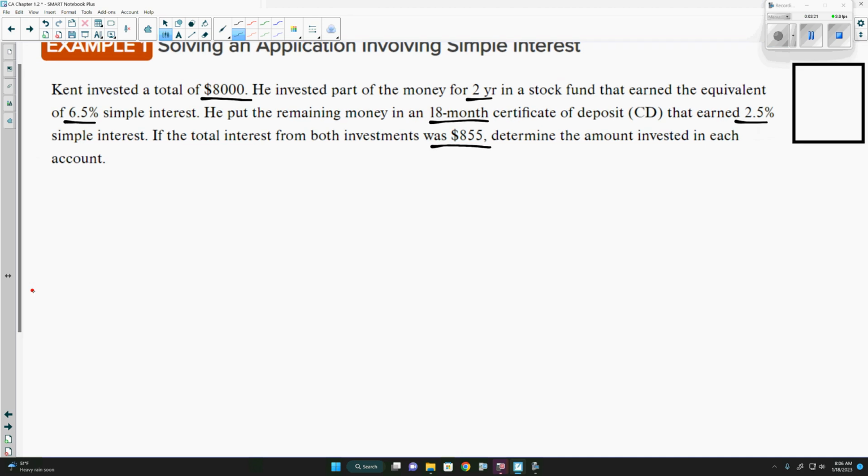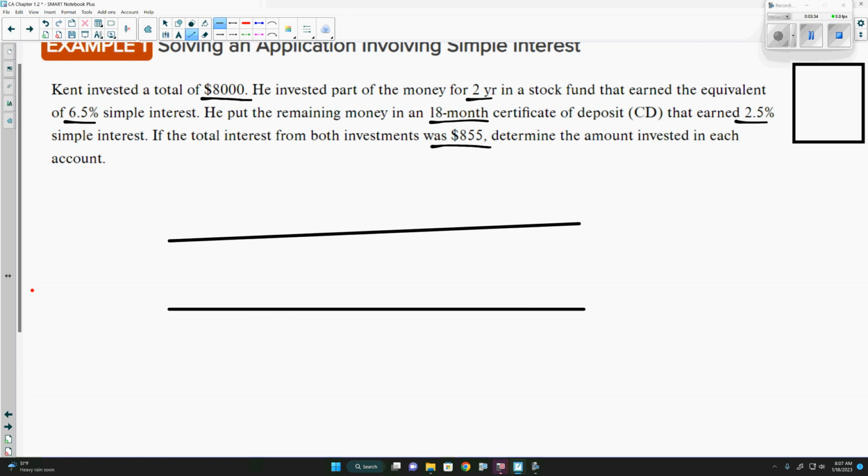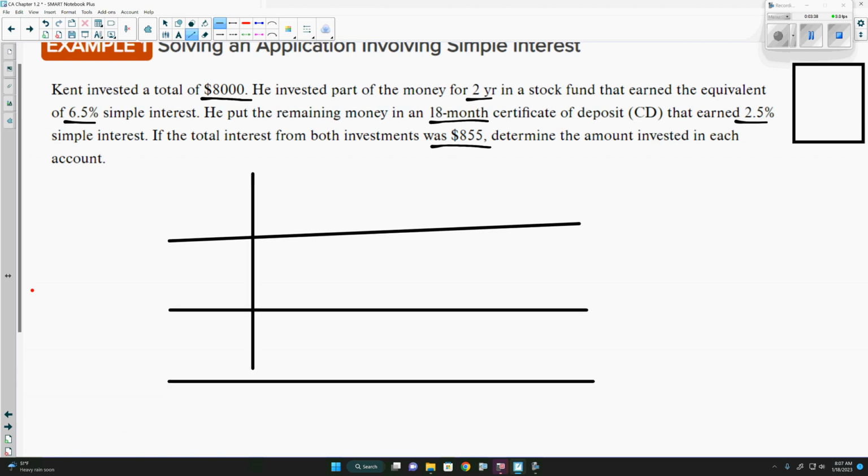So we see what we're doing. We're trying to find out how much money he invested in either account or both. Now the first thing we can do is set up a table. Because we know that he set up one part that was how much?